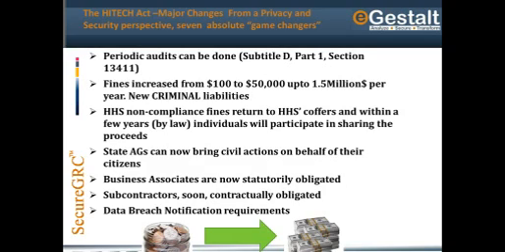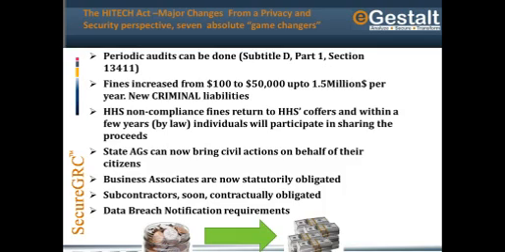One of the key changes was to increase the fines from previously $100 to a larger amount of $50K up to $1.5 million per year, and there are new criminal liabilities for not becoming HIPAA HITECH compliant.